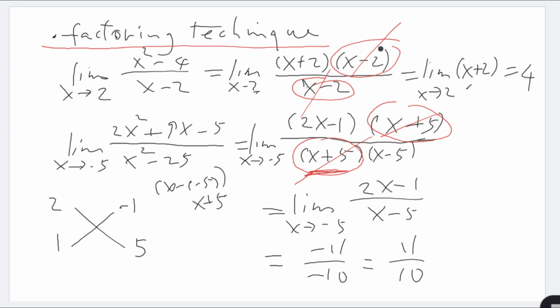Through factoring, we cross out the same factor from top and bottom, and then eventually we were able to plug in directly to find the limit. Similarly here too, when we try to plug in -5 for x, the number becomes 0, then we factor and expose the trouble factor on top and bottom to cross out, then we're able to just plug in -5 directly to find the limit. So this is to eliminate the trouble factor through factoring.